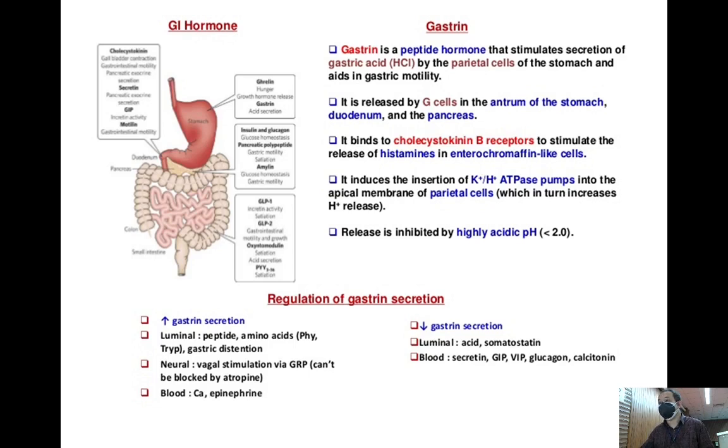So depending on the number of amino acids, it's given different names. G14, for example, is called mini gastrin, and G34, if I'm not mistaken, is called big gastrin.